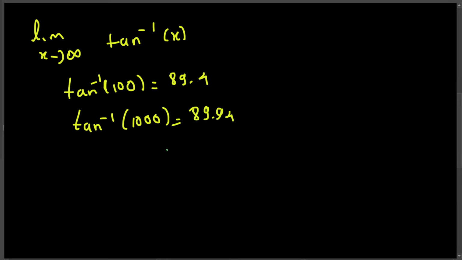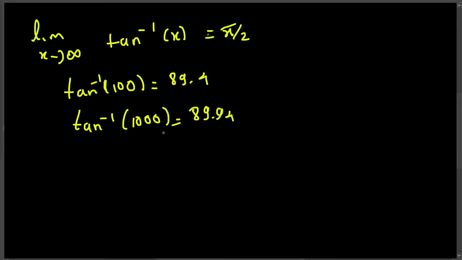Now from this one, you can see as the x value becomes larger and larger, the function is converging toward 90. So the answer here is 90 degrees, or you can say π/2 as well. Let's write π/2.